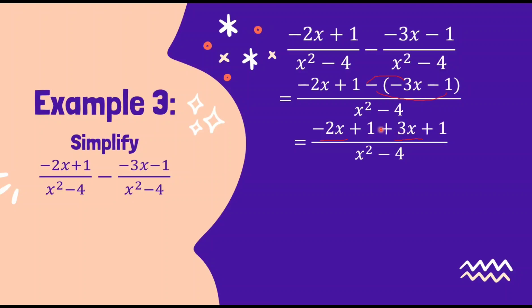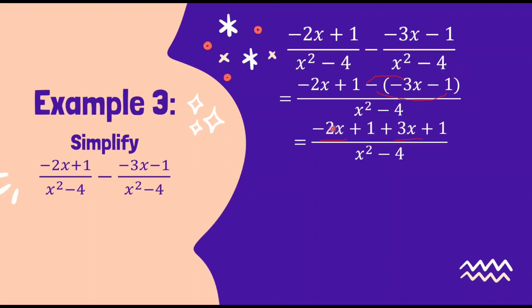Since the signs are different, we subtract and follow the sign of the biggest number. Between 3 and 2, 3 is bigger, so we follow the positive sign, and that is positive x.